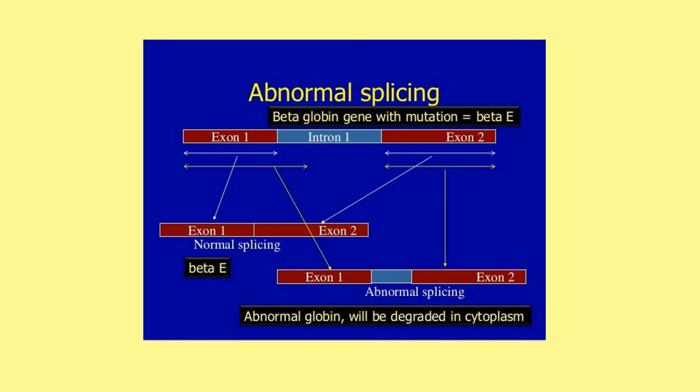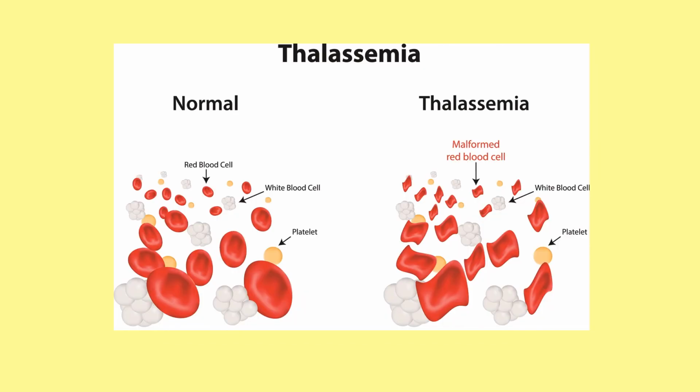In thalassemia, part of that intron 1 is not removed, and therefore that interrupts that sequence, and because of this, that particular beta globin protein will not be produced, and it will break down within the cytoplasm, and that obviously is going to cause a problem in producing functional hemoglobin. And so this is the effect of thalassemia.